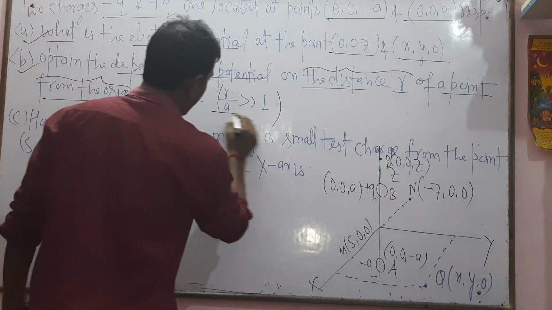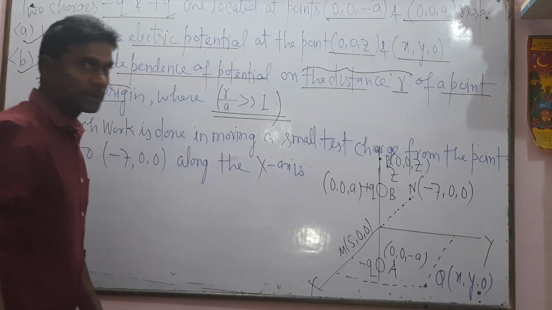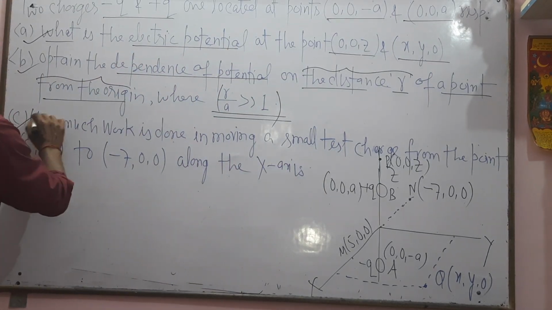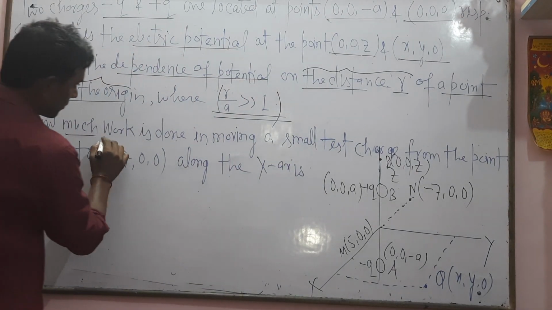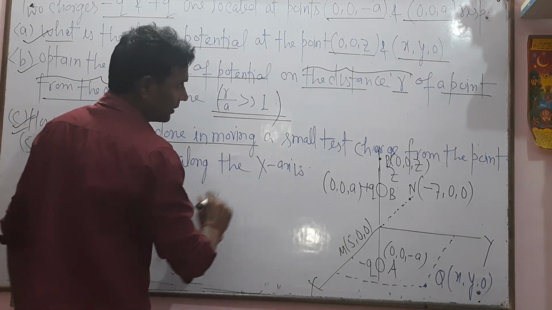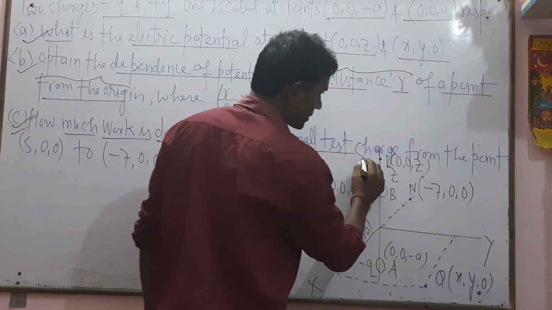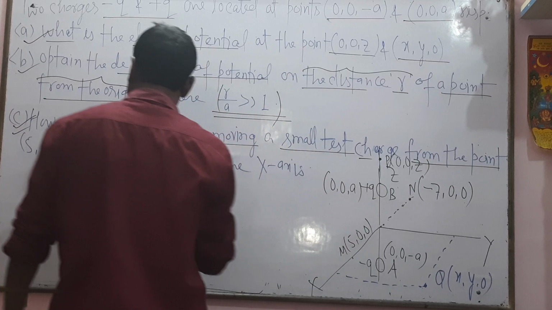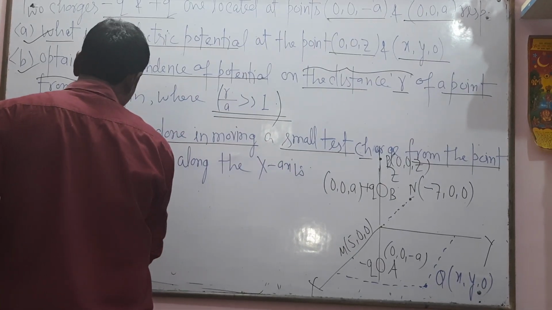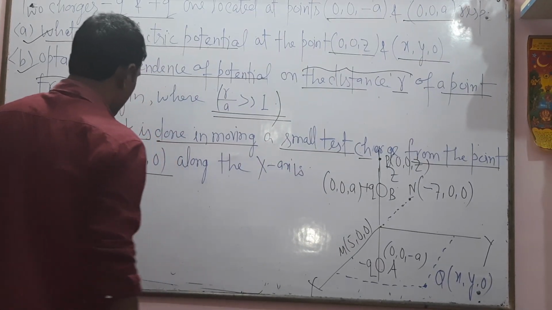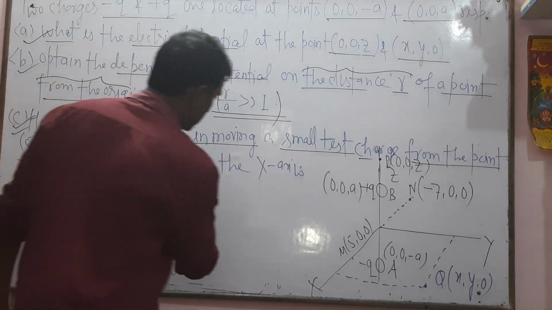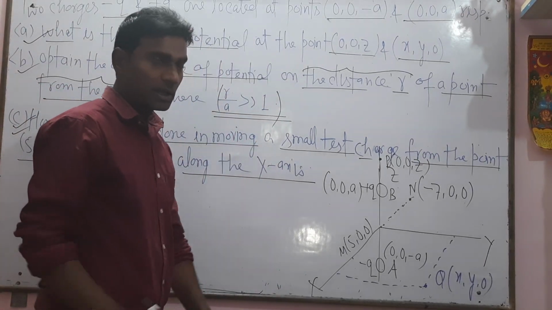Small r divided by small a is greater than 1. The third part: how much work is done in moving a small test charge from the point (5, 0, 0) to (minus 7, 0, 0) along the x axis.